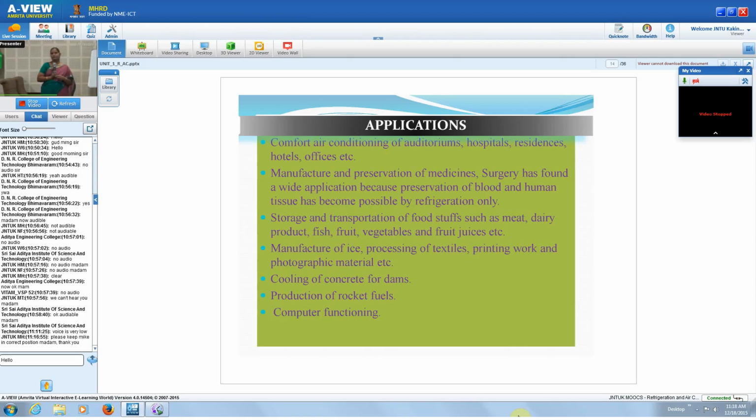The truck should be maintained at a very low temperature to transport meat or fish, whatever it is. Then manufacture of ice, processing of textiles, cooling of concrete for dams, production of rocket fuel. Rocket fuels also require air conditioning. Then for computer functioning also, air conditioning plays a vital role.